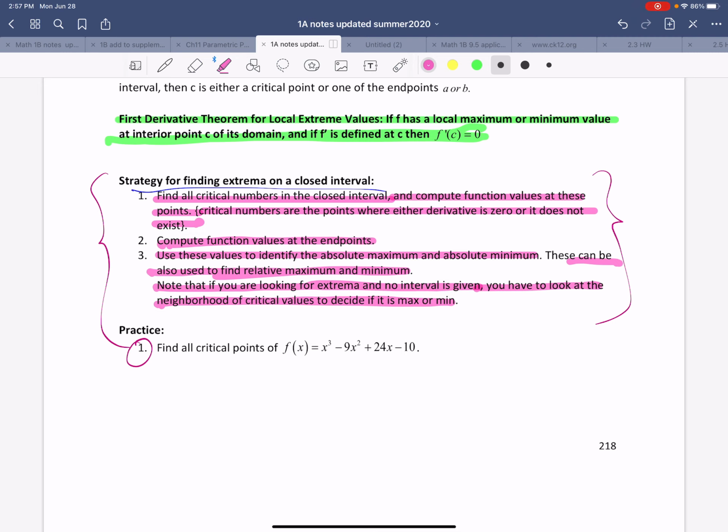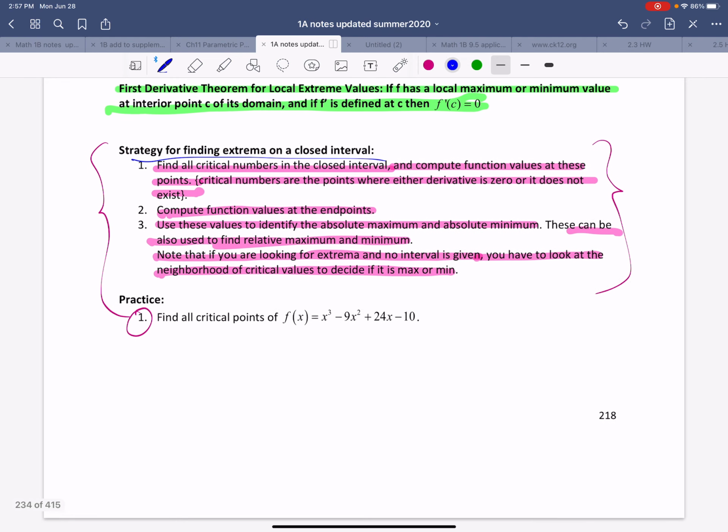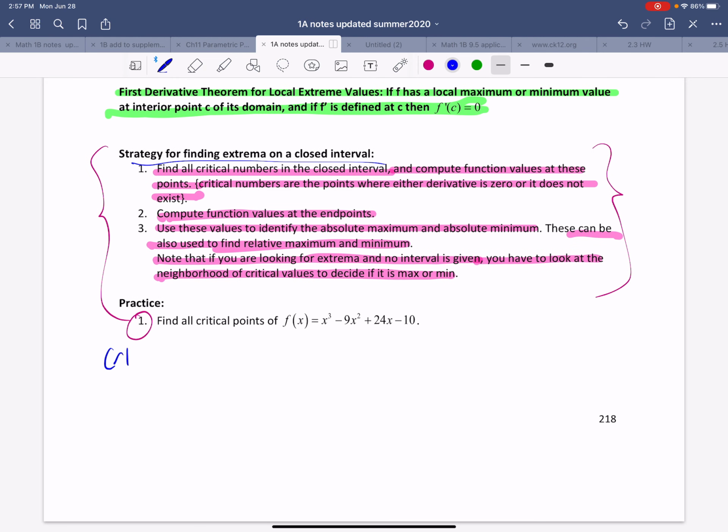The first one: find all critical values of f of x equals x cubed minus 9x squared plus 24x minus 10. So step 1 is to find critical values. How do we find critical values? Critical values are the ones where either the derivative is 0 or the derivative is undefined. So let's find all the points where either the derivative is 0 or undefined.